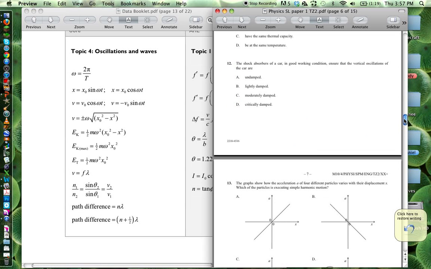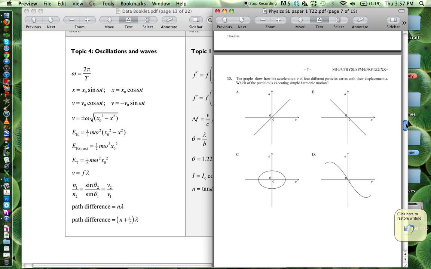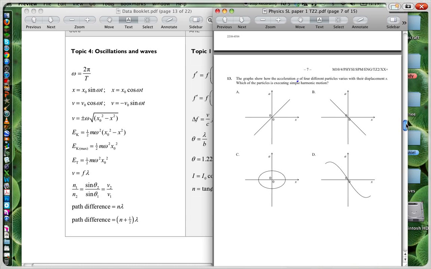Good. Going into 13. The graph shows how the acceleration a of 4 different particles varies with their displacement x. Which of the particles is executing simple harmonic motion? The defining equation for simple harmonic motion is a = minus omega squared x, where omega is the angular frequency.